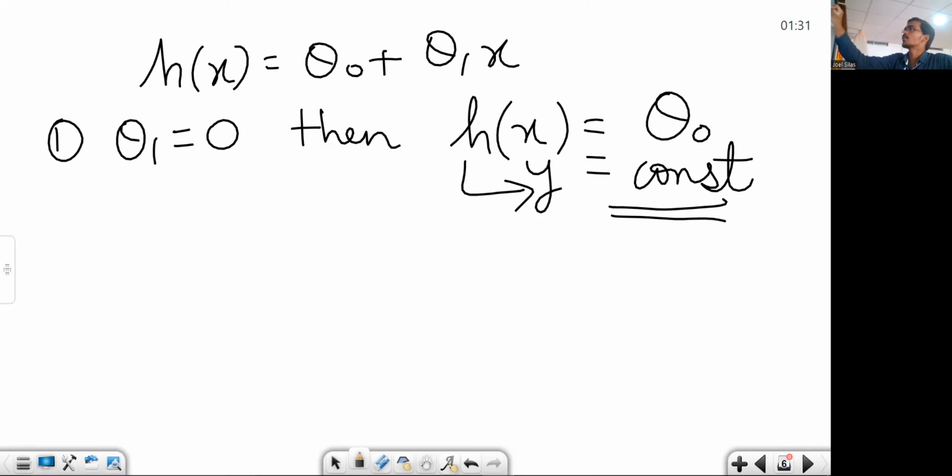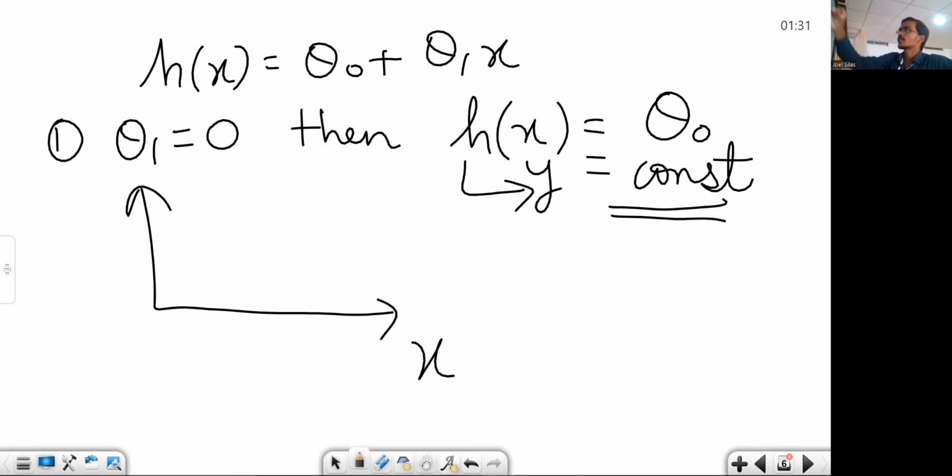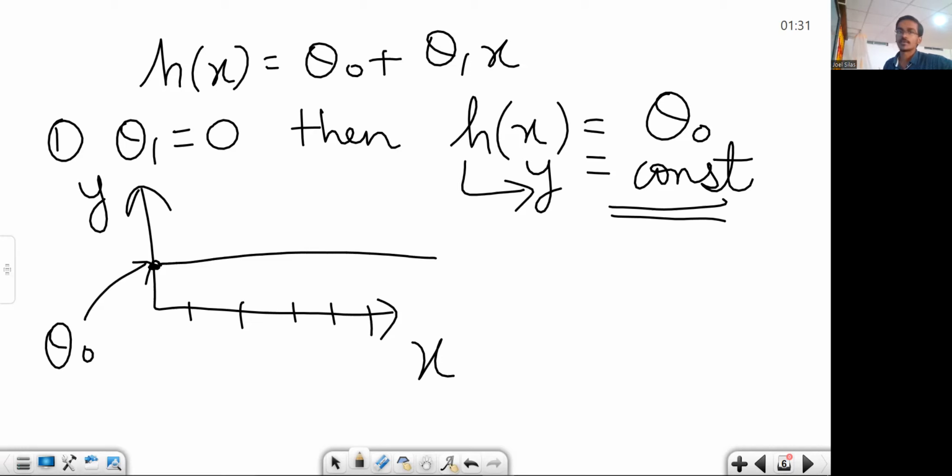In such a case, we can plot the graph: for every x, the value of y is constant. Let this be x. Whatever is the intercept value, suppose this is our y-intercept value theta 0, then a straight line will be drawn. For every x, the y value will be constant.